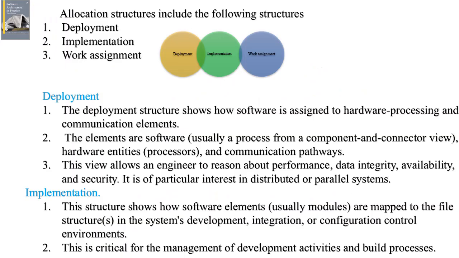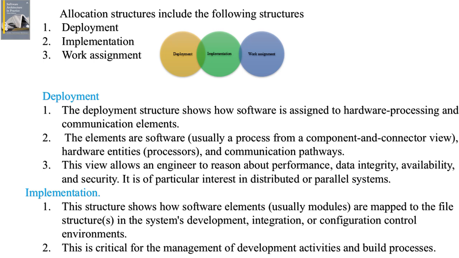This allocation structure includes the following structures. First one is deployment, second one is implementation, and the third one is work assignment. Okay, first one, deployment. This structure shows the software assigned to hardware processing and the communication elements, so it is going to show the hardware process.